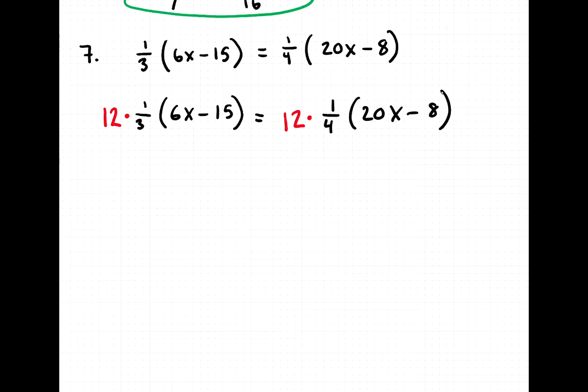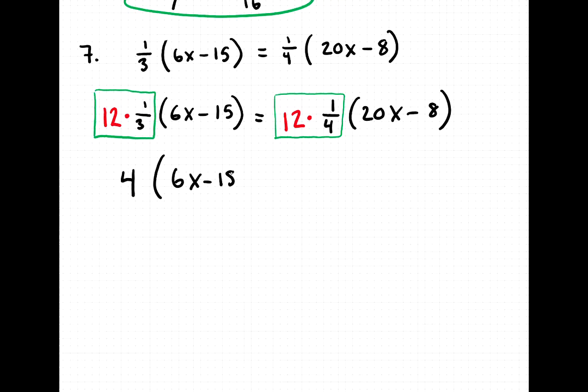Well, if you're using a common denominator to multiply both sides, then those fractions will always cancel off. This will become a whole number, and this will become a whole number. 12 times 1/3, or 12 over 3, equals 4. And then we still have the 6x minus 15.